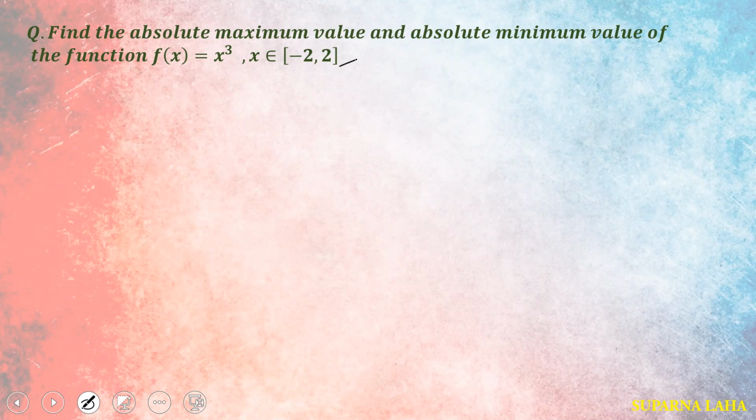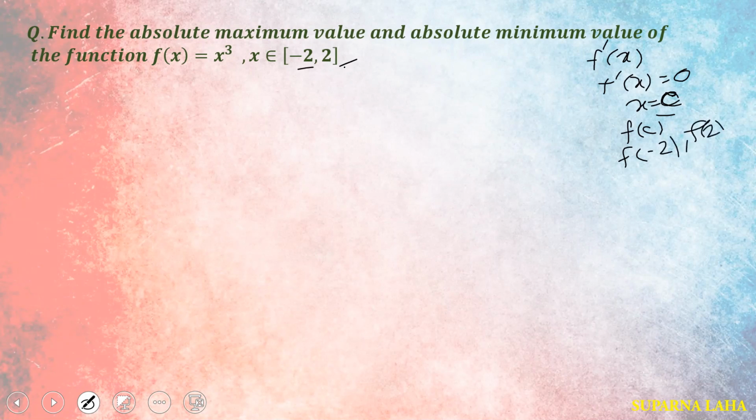Now, if you restrict its domain to the closed interval -2 to +2, let's check the nature of the graph. First we find f dash x, then find the critical point where f dash x is 0, x = c. Then find the functional value at c, at the first point -2, and at the end point f of 2.